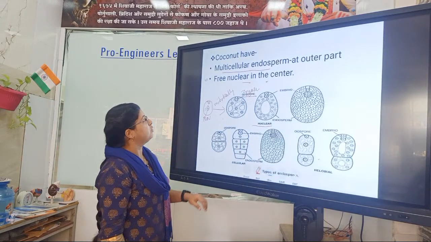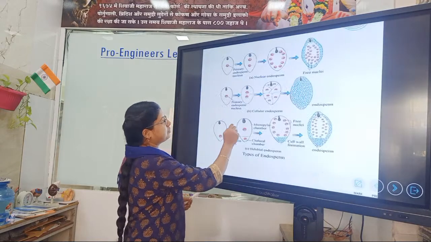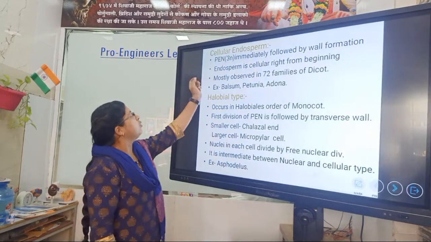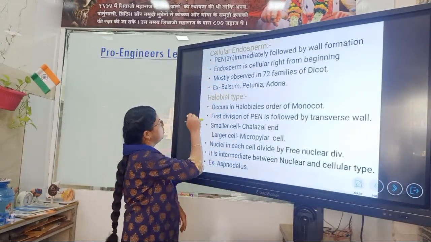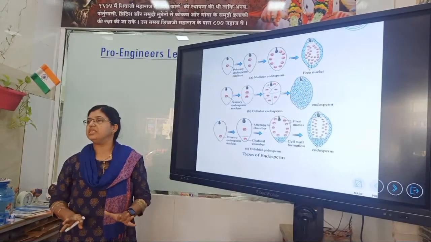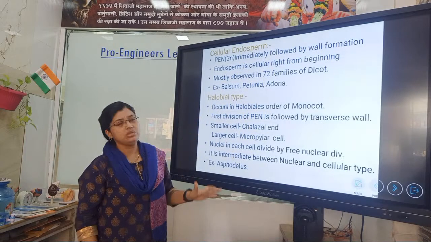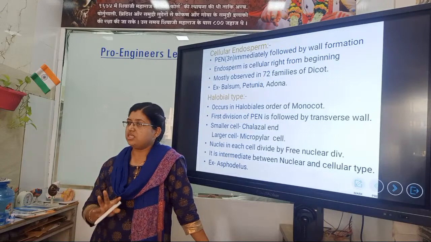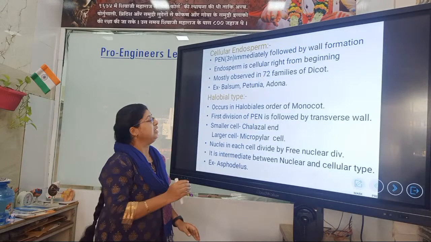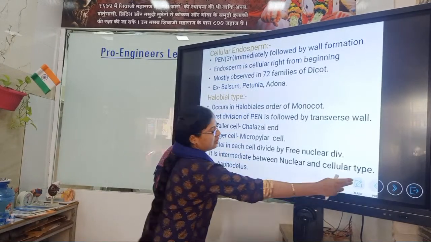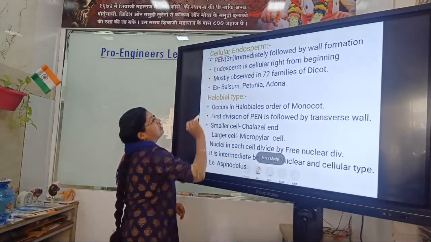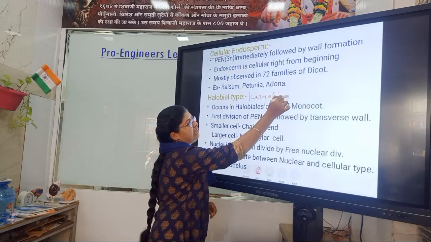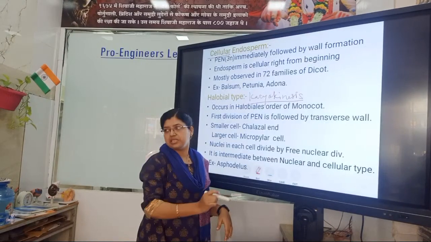Now cellular endosperm. What is cellular? Cellular means that in this endosperm both cytokinesis and karyokinesis take place, whereas in nuclear only karyokinesis takes place.